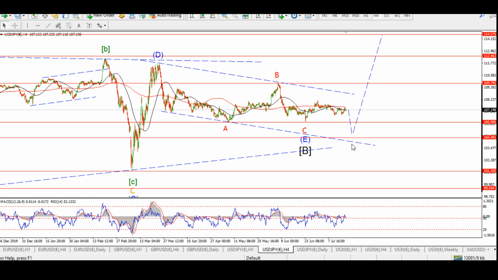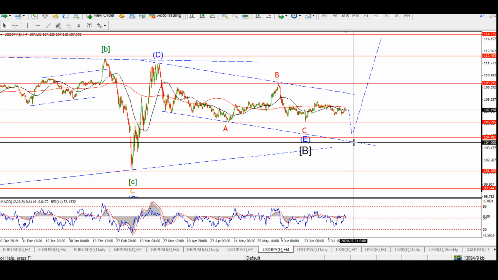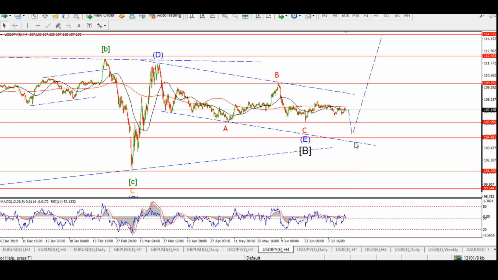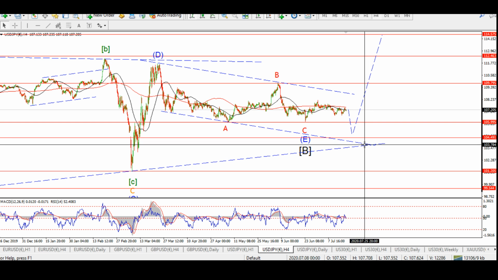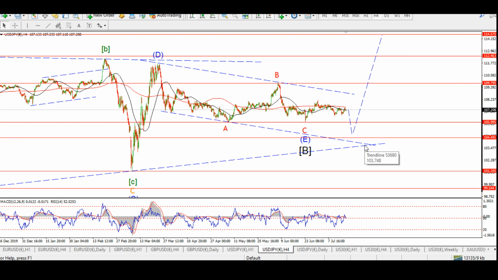So that would have brought us down to 104.50 or 104 on the nose somewhere to complete that. If we were to bring up that trend line, we'd have somewhere around even 103.70. So that's not out the window just yet.